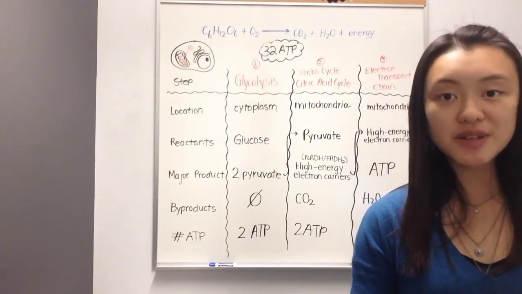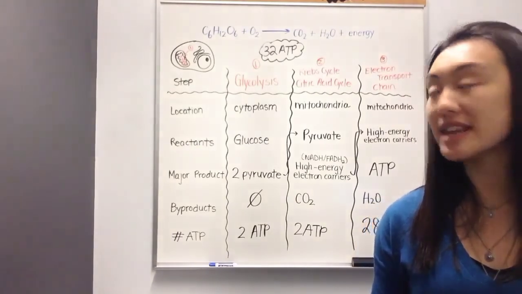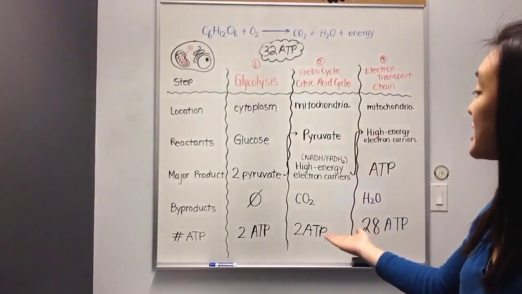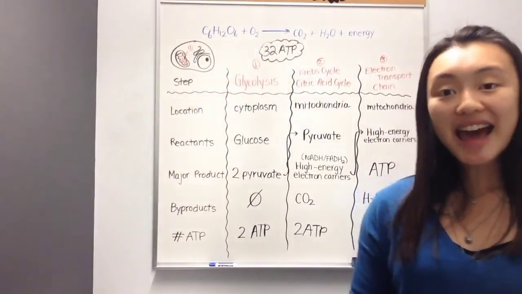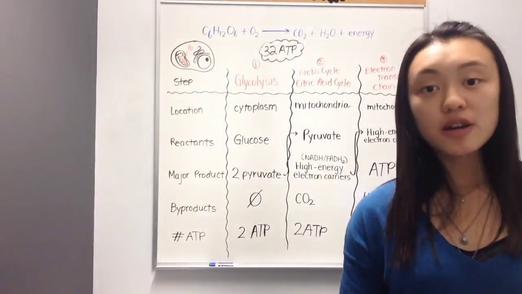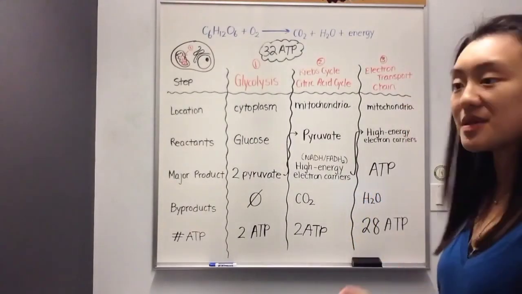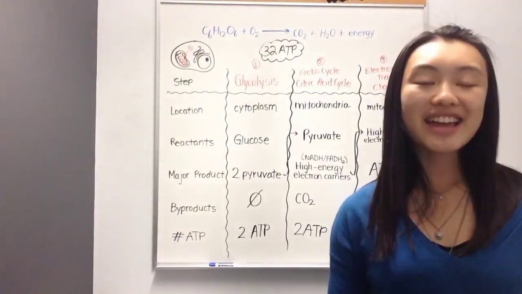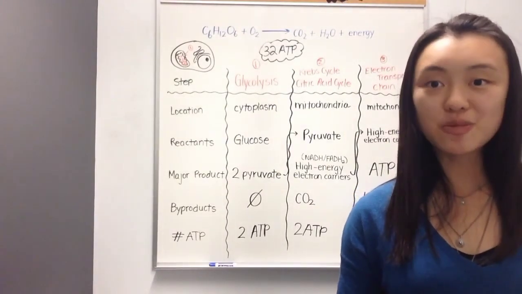The pyruvate turned into high-energy electron carriers, and this step happened in the mitochondria. There was some ATP produced during both reactions. Finally, these high-energy electron carriers performed a very important step in which 28 molecules of ATP were produced. And as well, during this reaction, we have a byproduct, which is water.